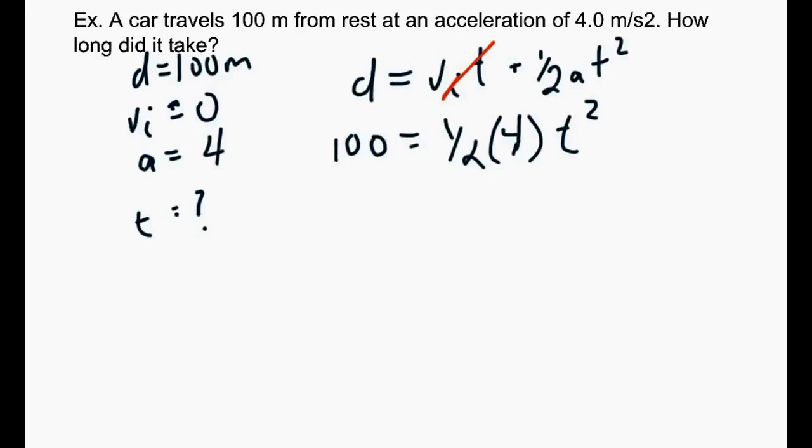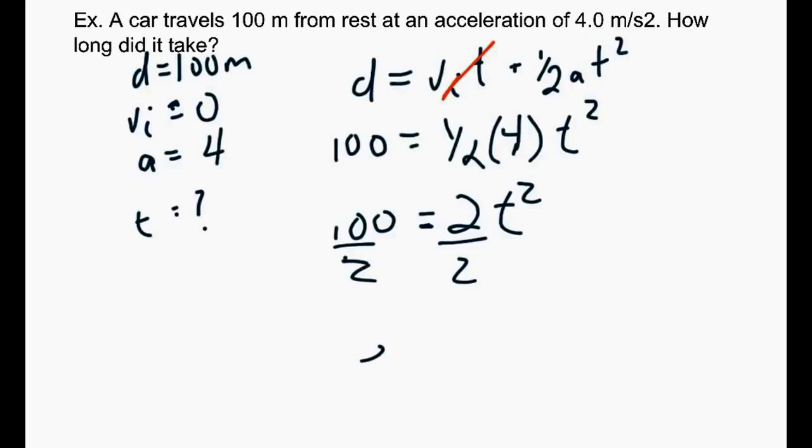So if we do the math on that, we'd have 100 equals 2t squared. Divide by 2 on both sides. So we'd have 50 equals t squared.